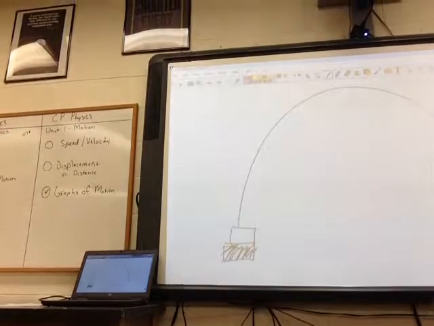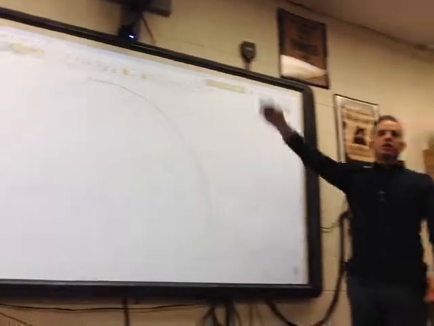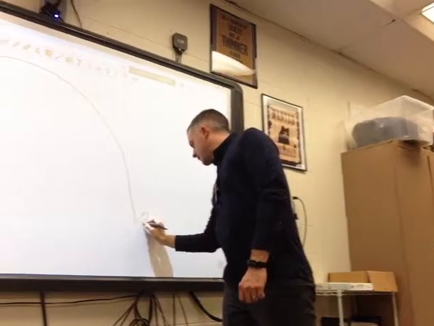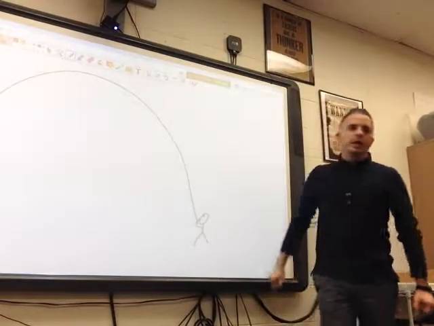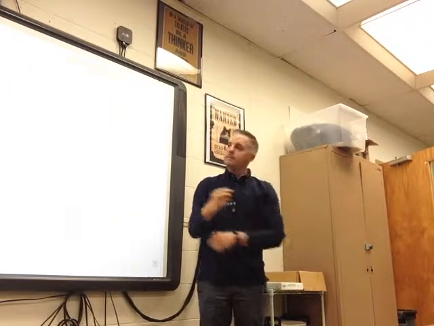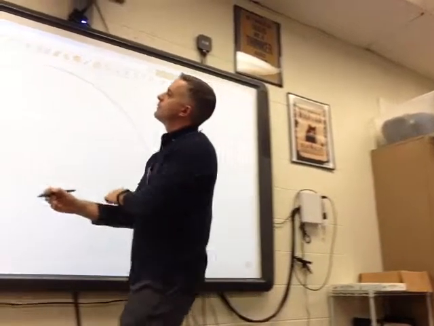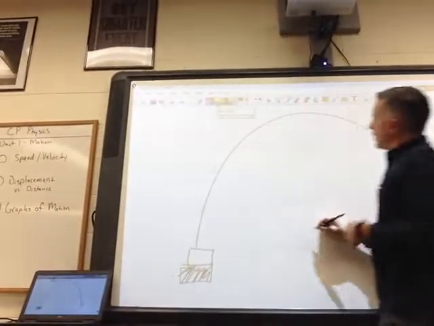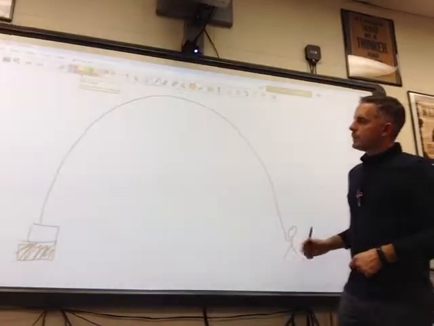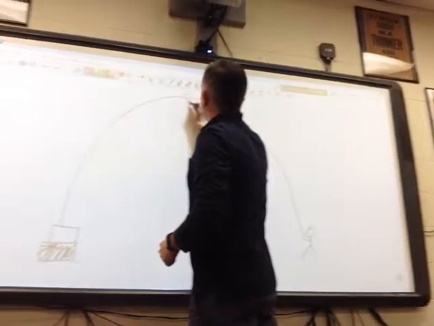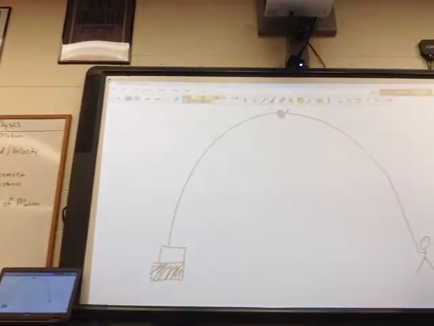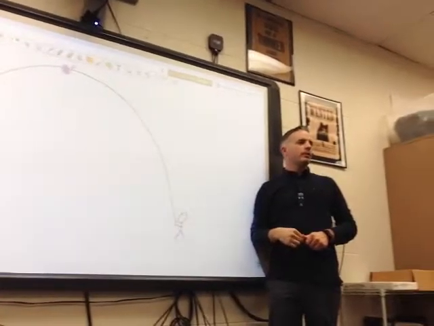We've got a cannon. And we shoot a cannonball and it goes. And over on this side is some bright, shining AP student who decides they'd want to catch the cannonball. Okay? So for right now, they're at the same level. Okay? So right here would be the peak with which the ball is going to be traveling.